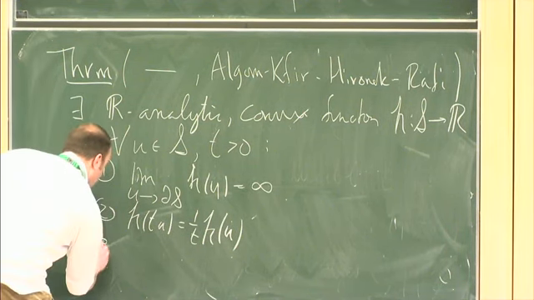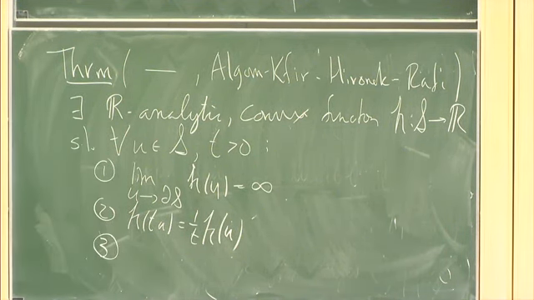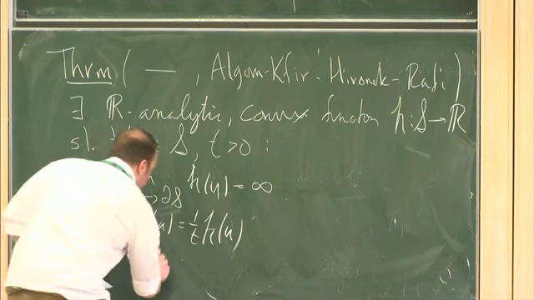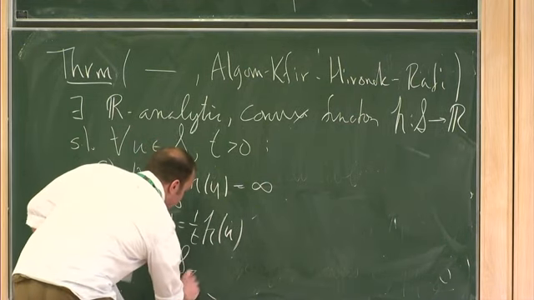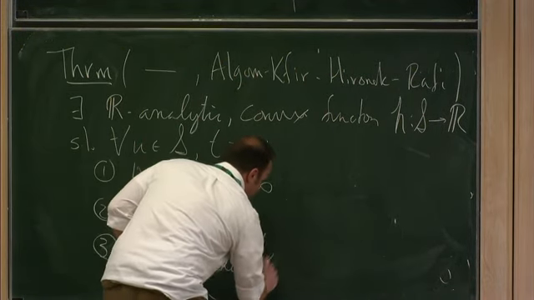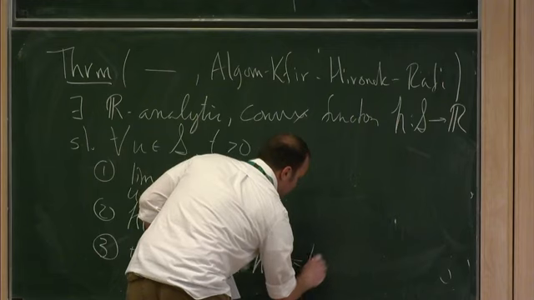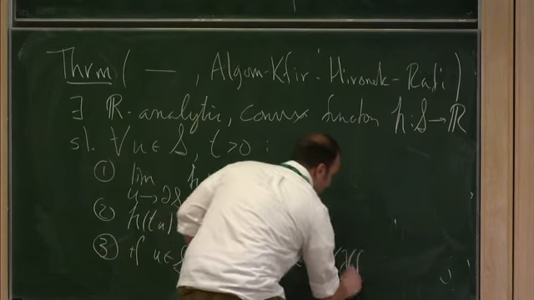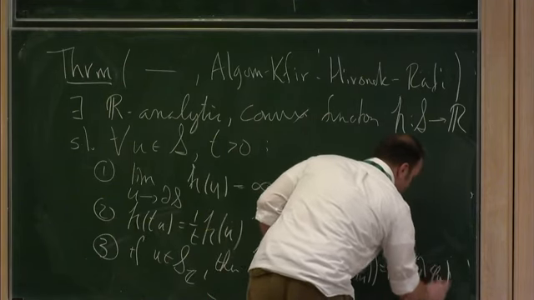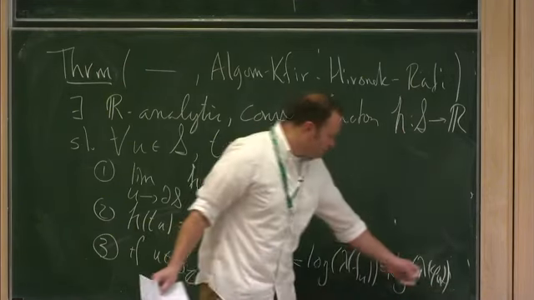And then this function restricts to essentially the log of this function. So if u happens to be inside of SZ, then this function, h of u, is exactly log lambda of f sub u, which is also log lambda of phi sub u. And the point is that this is purely algebraic.